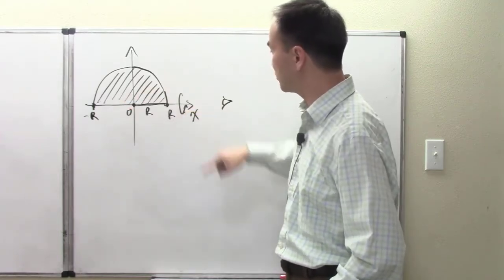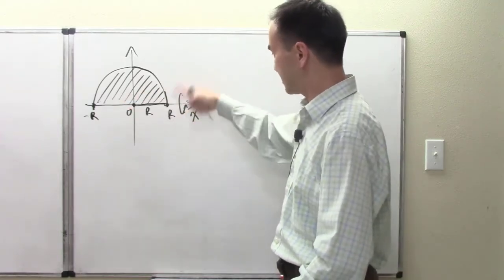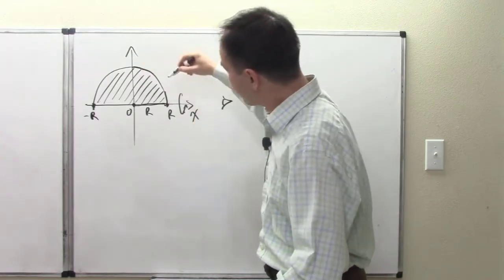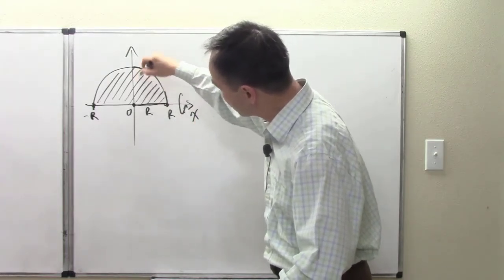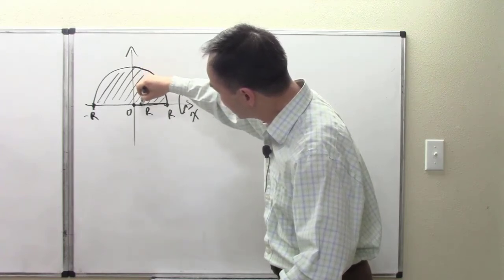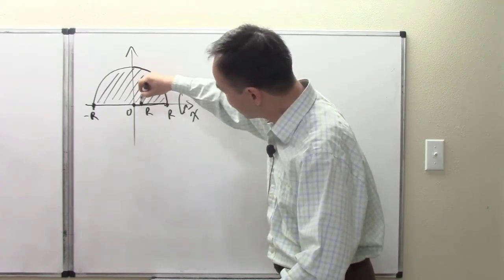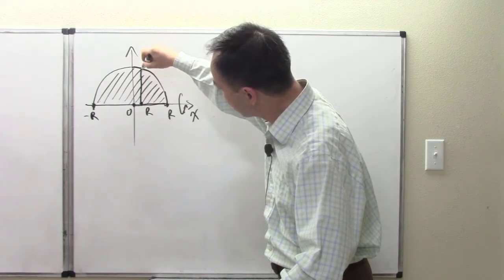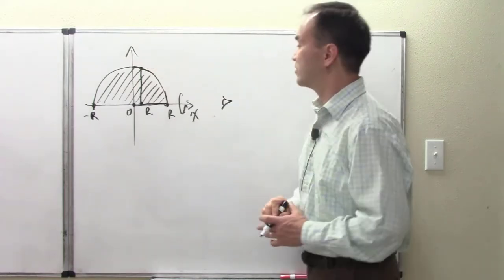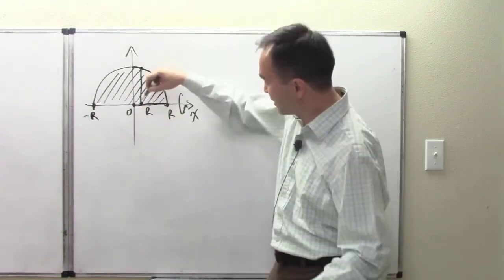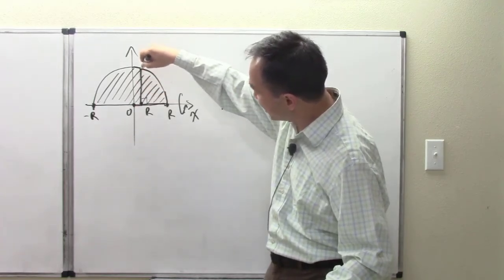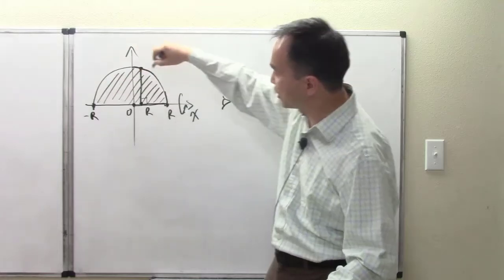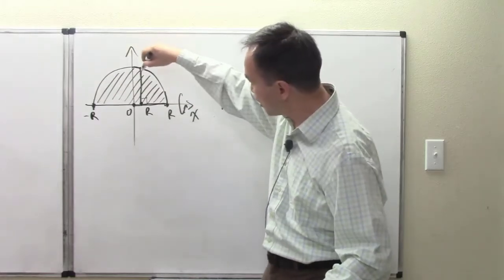The axis of rotation is the x-axis, and so any stripe that's drawn perpendicular to the rotation axis and reaches and ends at the boundary of the region itself, those are stripes right here.